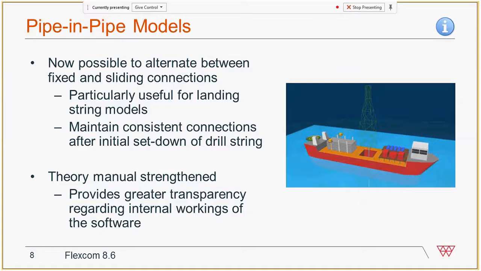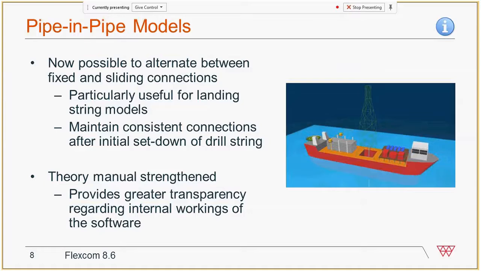Based on some feedback which I got from people who do a lot of drilling riser analysis or landing string analysis in particular, they wanted a kind of hybrid of the two. With the landing string analysis, you would have the outer riser, the marine riser, and the inner landing string. So in the initial static analysis, it's a little bit difficult to know what the optimum connections are, because the inner pipe tends to sit down inside the outer pipe quite a lot just initially.